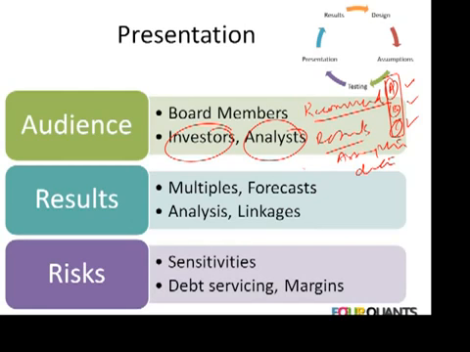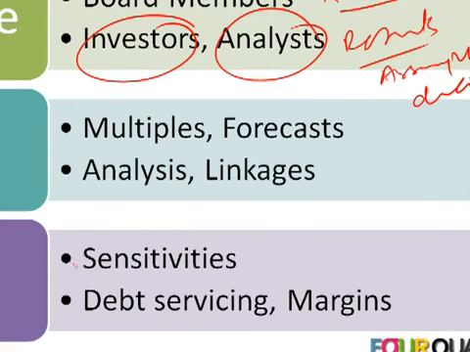And finally, if the focus of your presentation is on helping your audience understand in a meaningful fashion the risk associated with the security, the risk associated with the decision, the choices that you're making, your primary focus is on how values would change if different parameters change.